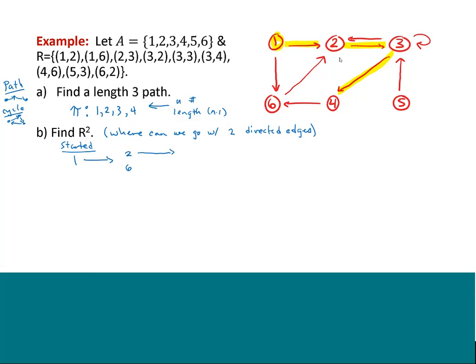And since we only wanted to travel 2 edges, building our length 2 paths, quote unquote, plus, we'll stop here. So this would be where we end. Now, if we'd gone the other direction, if we traveled down to vertex 6 here, where would we go if we wanted to use 1 more edge?